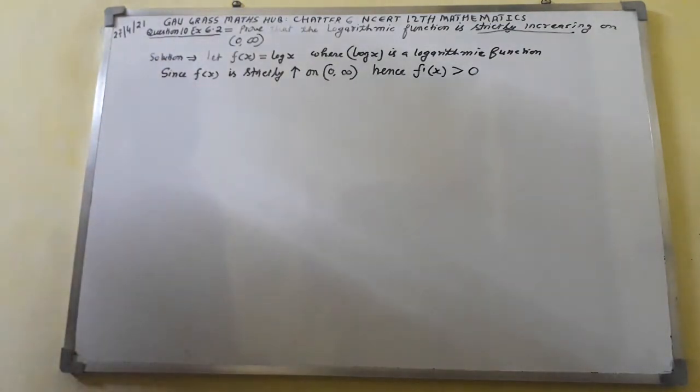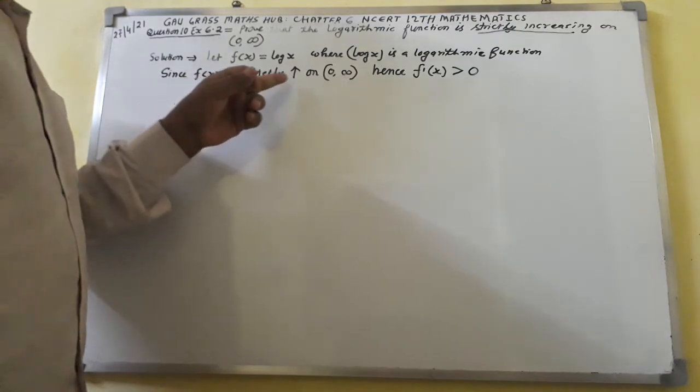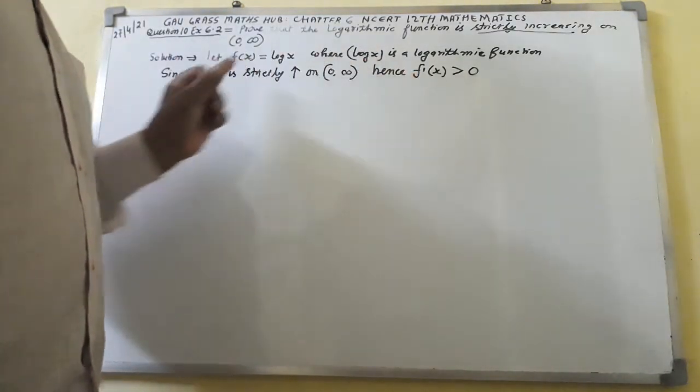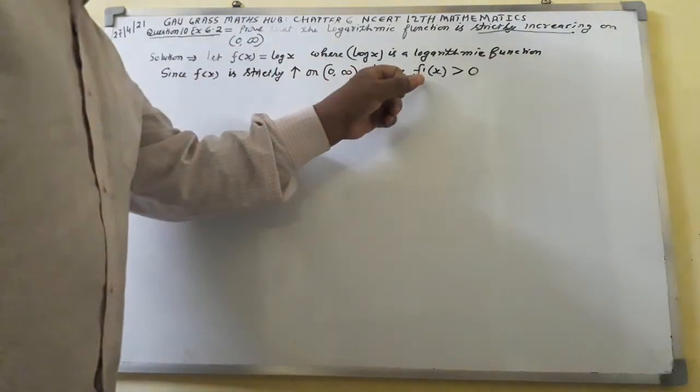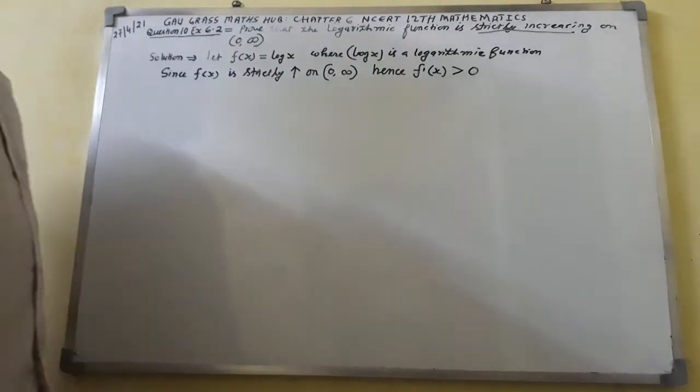This is the theorem you must remember. If f of x is strictly increasing, then first order derivative of f of x, f dash x, will be greater than 0. This is the theorem you must remember.